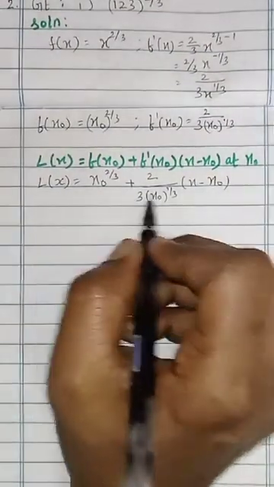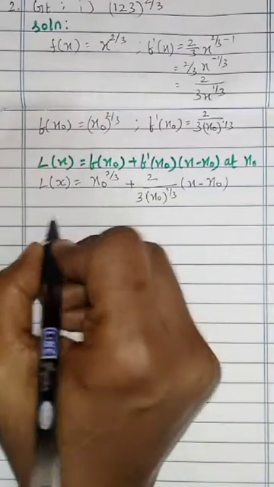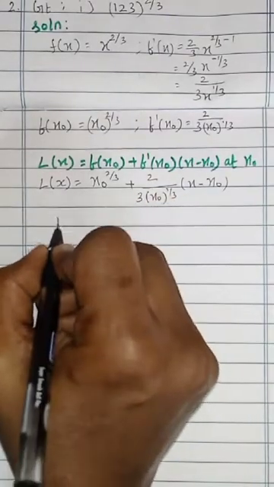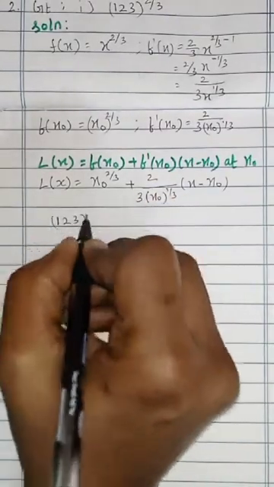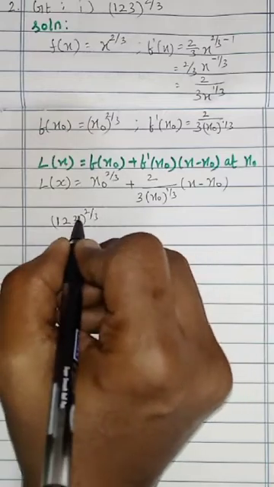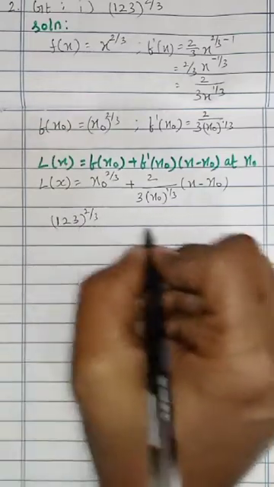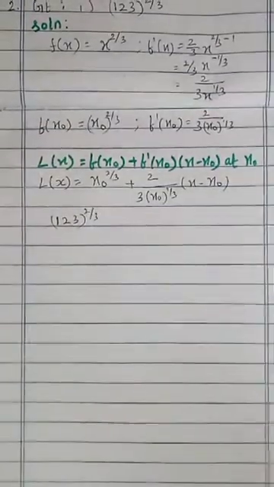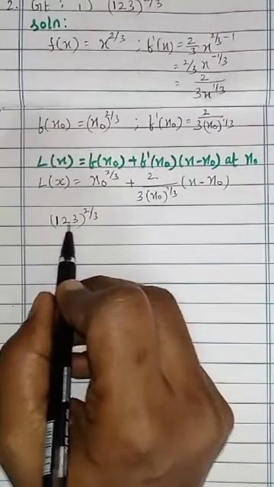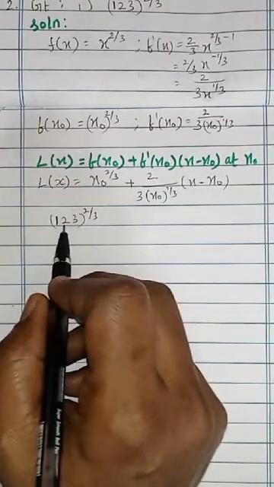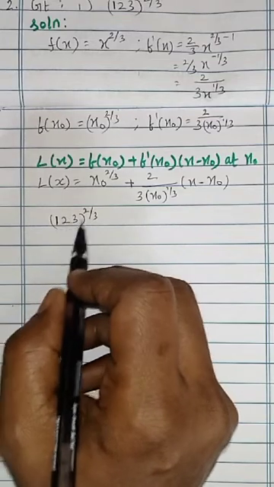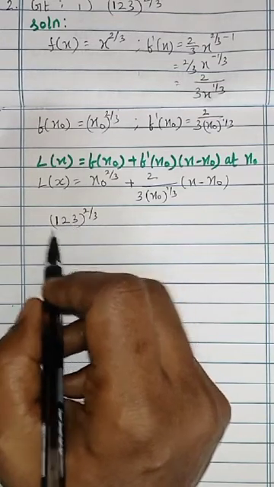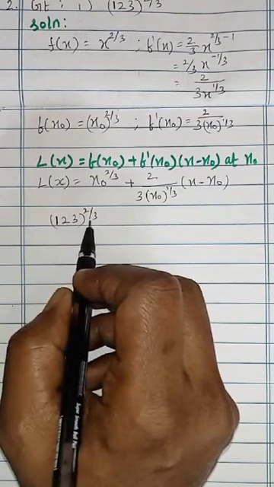Okay, is that clear? Now, what is asked in the question is 123 power 2 by 3, correct? We can't find 123 power 2 by 3 directly, so we take the closest number to find the power of 2 by 3.